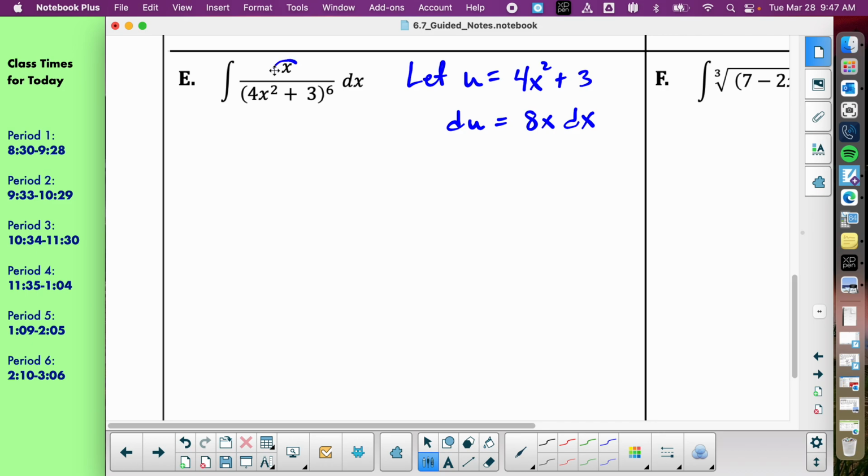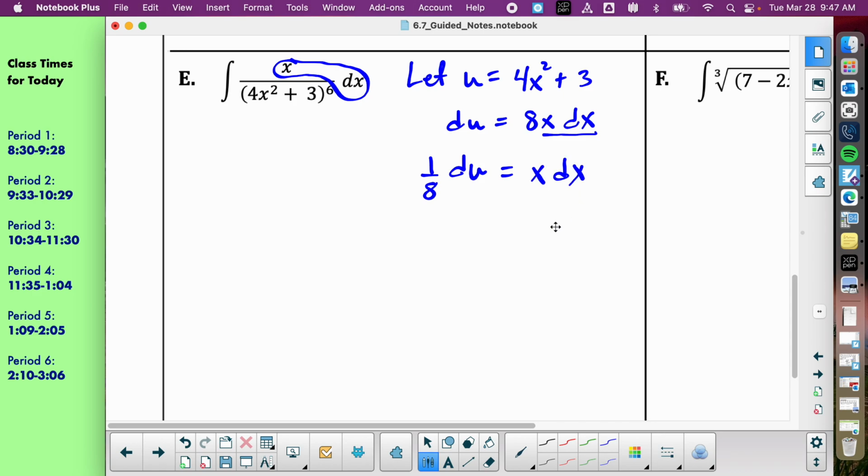In the problem, we only have an x dx. And so what you can do is solve this equation for x dx, and you would divide both sides by 8. So du divided by 8, or 1/8 du, would be x dx.